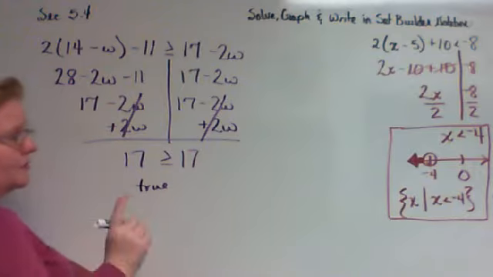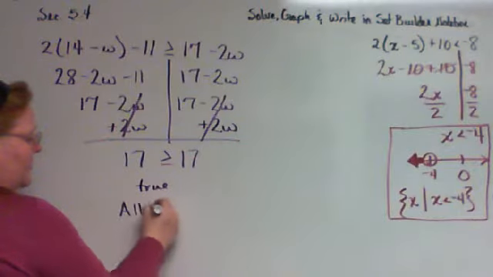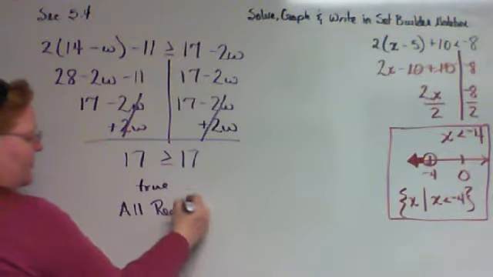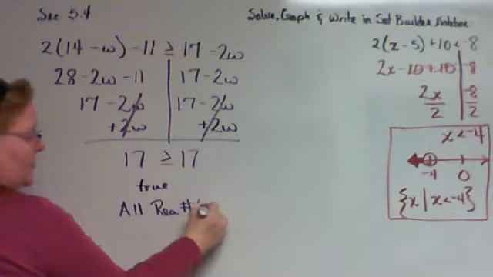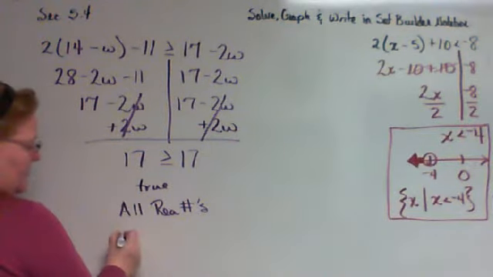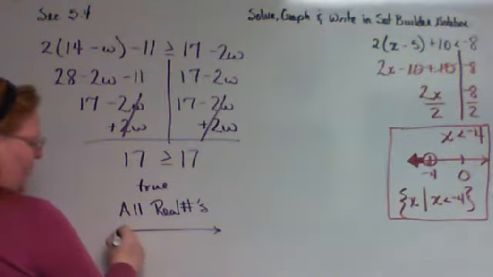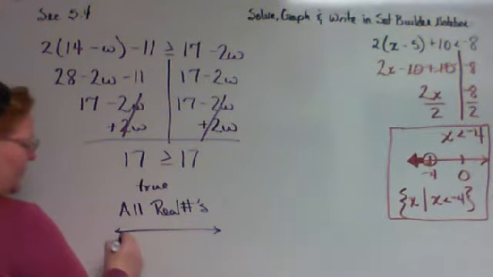That's still not my answer. Since it is a true statement, that means my answer is all real numbers, just like it was before, but I still have to graph it. So, all real. How do we graph all real numbers? Well, it's every number.